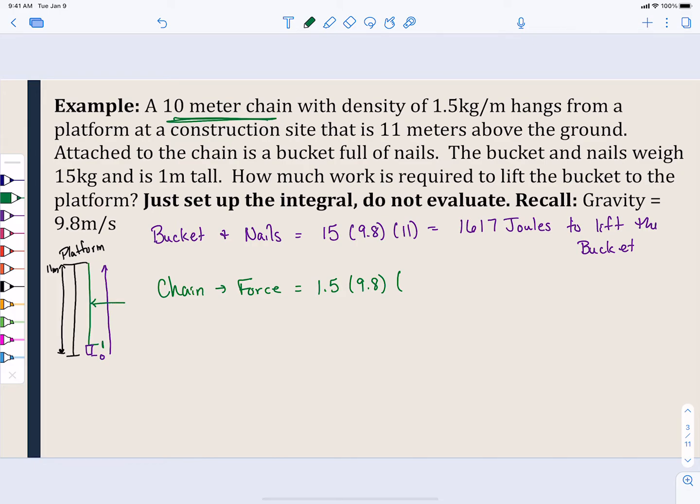So again, what we want to do is think about that we're going to take this chain and chop it up into bits here, and we're going to look at each little bit and how far we're lifting that little bit, and that each little bit there has a width of delta x. So if we've got that x sub i star, it's got to move 11 minus x meters.